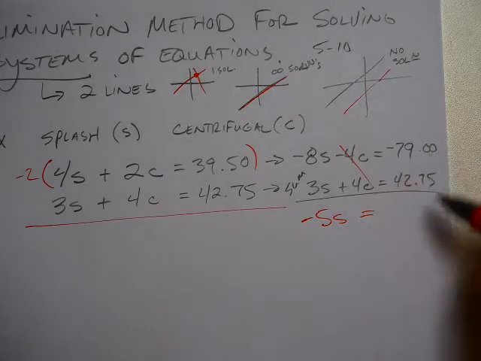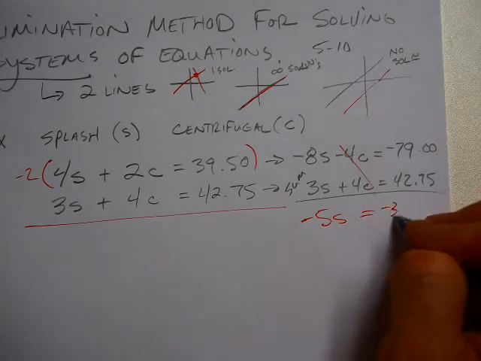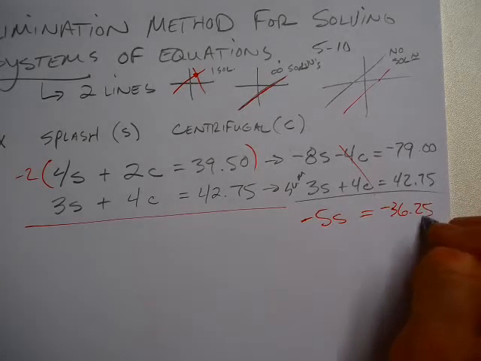And negative 79 and 42.75, what is that? 36.25? Would be negative 36.25.